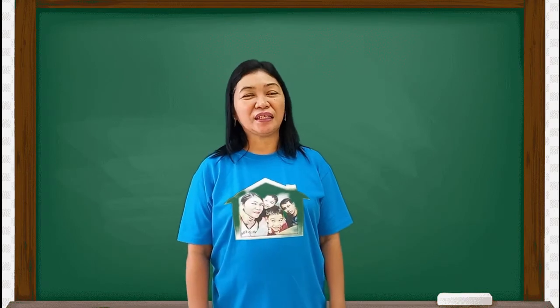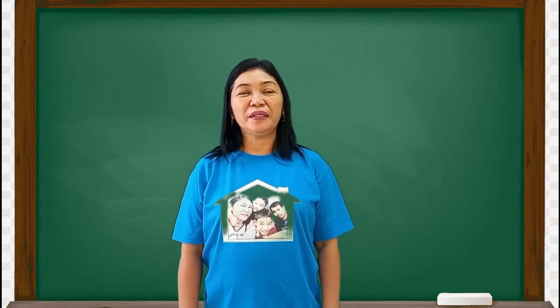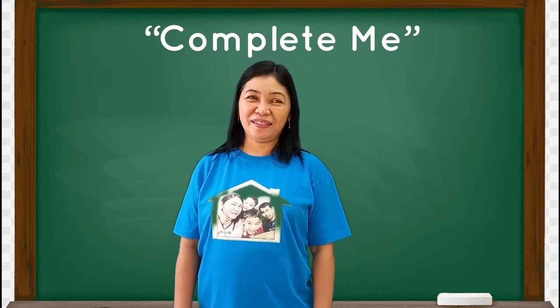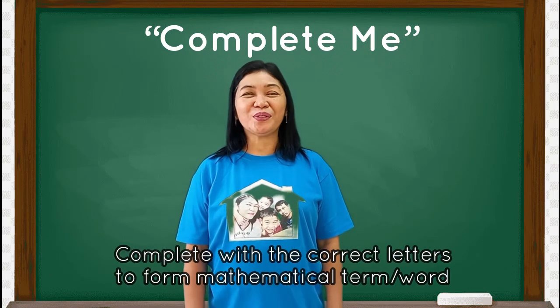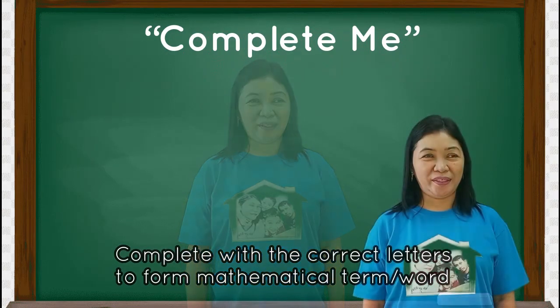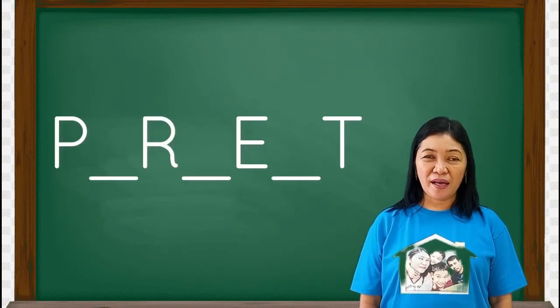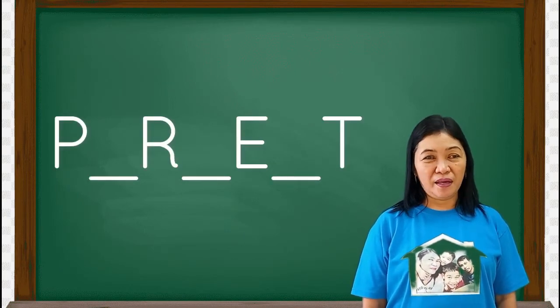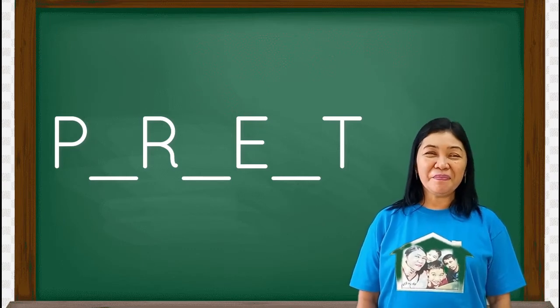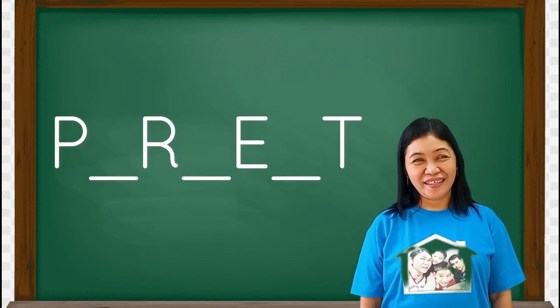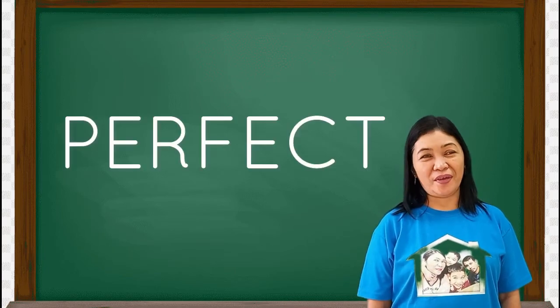Let's try first an activity that will warm you up entitled Complete Me. Complete with the correct letters to form a mathematical term or word. The first one is P blank R blank E blank T. The answer is perfect.